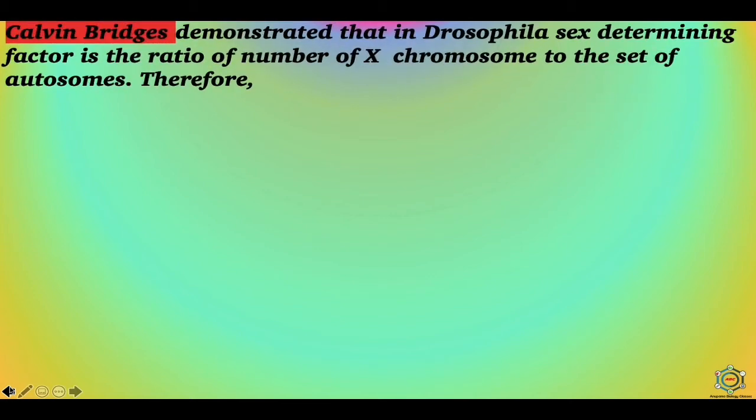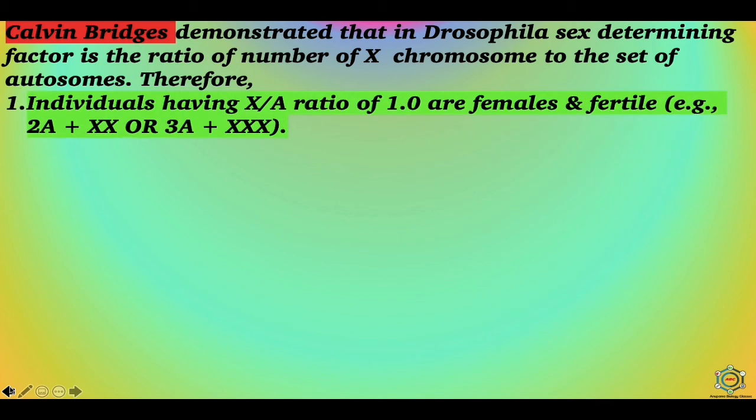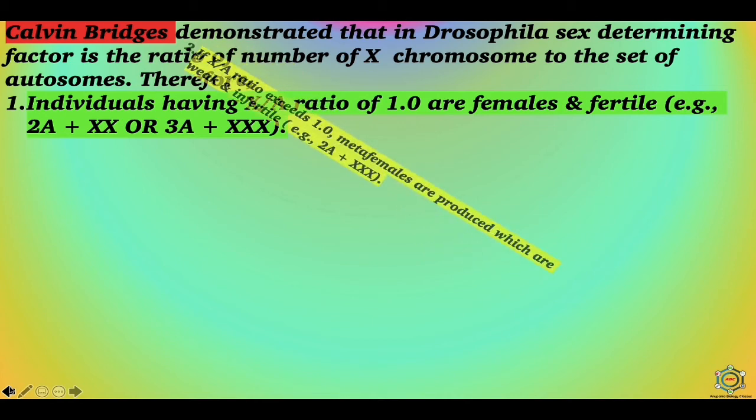So in this, Calvin Bridges demonstrated that in Drosophila, the sex determining factor is the ratio of the number of X chromosomes to the sets of autosomes. Therefore, individuals having an X by A ratio of 1.0 are females and fertile, and examples are 2A plus XX or 3A plus XXX condition.